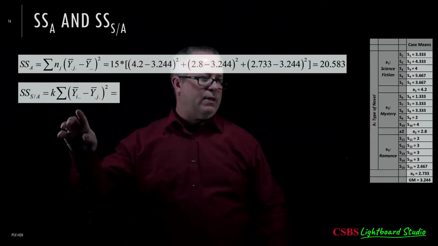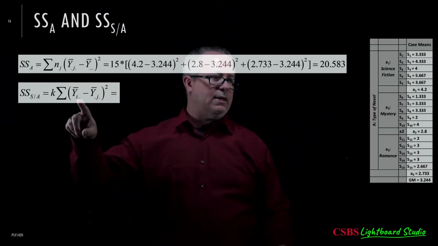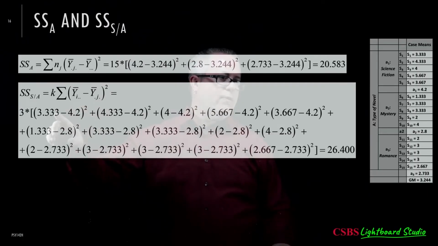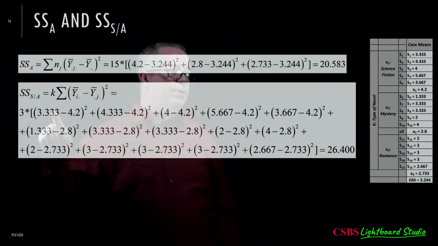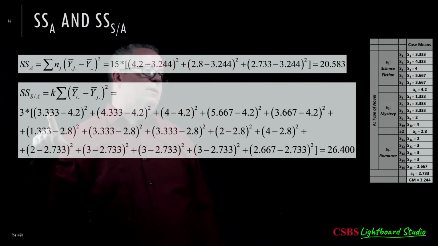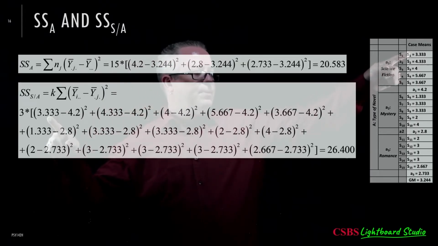And you can see what I mean by this, the i dot dot not making any sense, because there should be one of them for every person in every A level. So I'm not averaging over A here, so it should be ij dot, subtracting out the dot j dot, which is the averages. So we're talking about 3.333 minus 4.2.